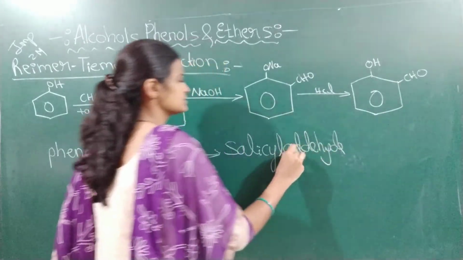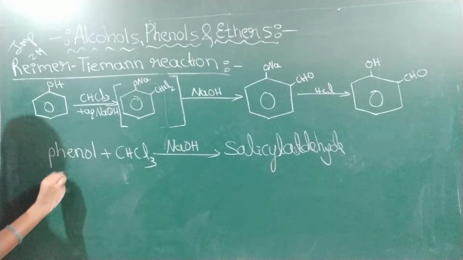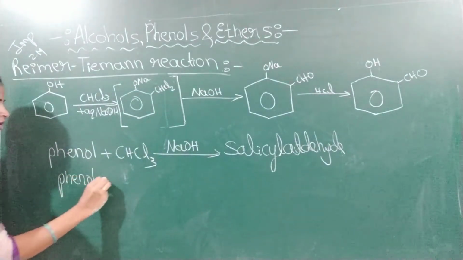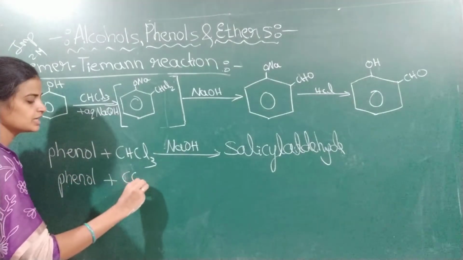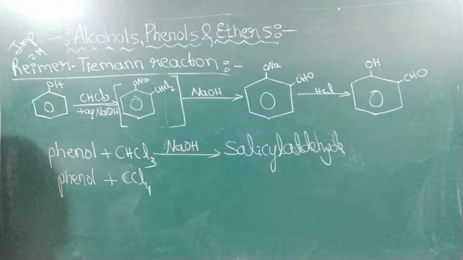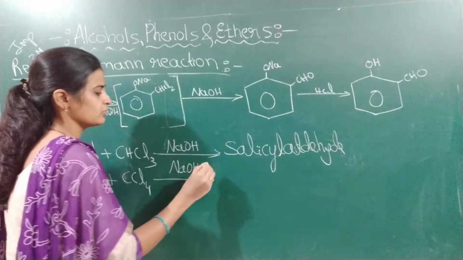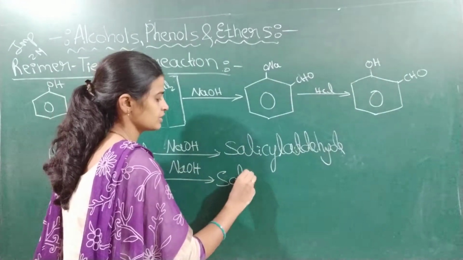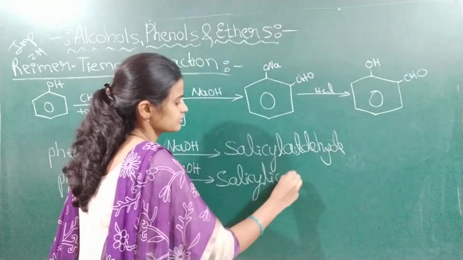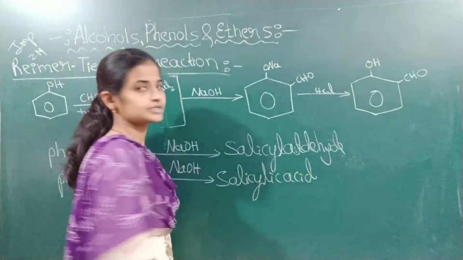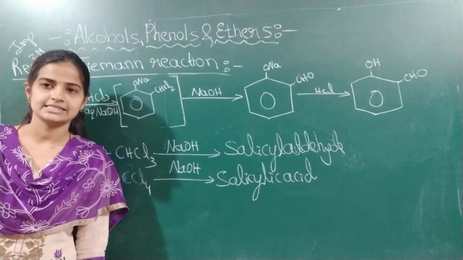Then, when the same phenol is treated with carbon tetrachloride, CCl4, in the presence of NaOH, it gives salicylic acid.